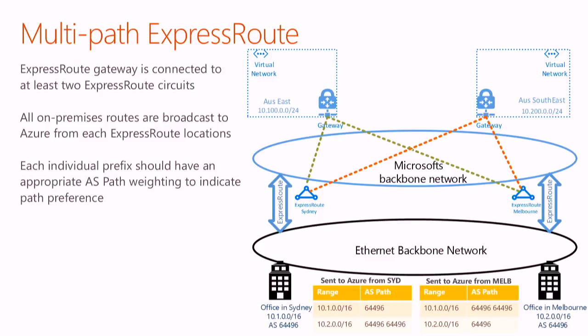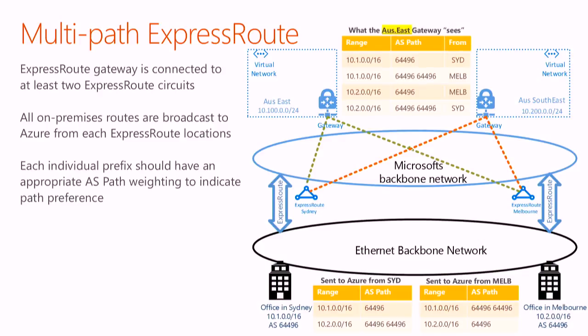So with the AS path, you advertise a shorter AS path for the Sydney network through the Sydney ExpressRoute circuit to the VNet. So basically, it helps the VNets in Sydney and also in Melbourne to learn the routes that they can learn from your on-prem network. This is how the route table in the Azure ExpressRoute gateway looks.